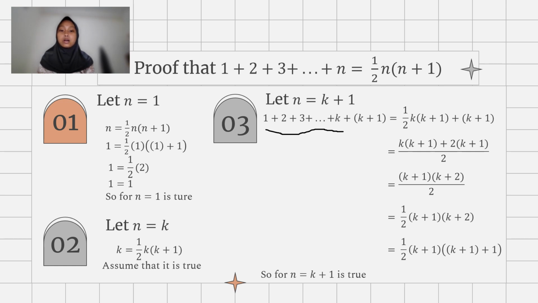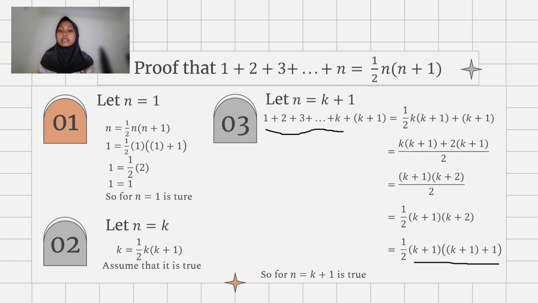So we must add k plus 1 again. So we get (k times (k plus 1) plus 2 times (k plus 1)) over 2. So we get (k plus 1) times (k plus 2) over 2, equal to 1 over 2 times (k plus 1) times (k plus 2).